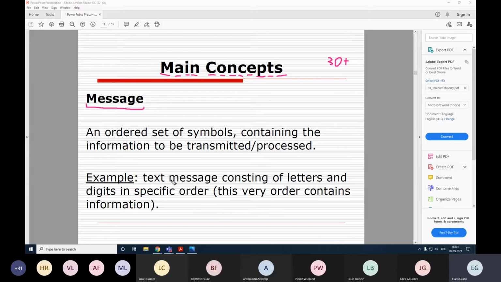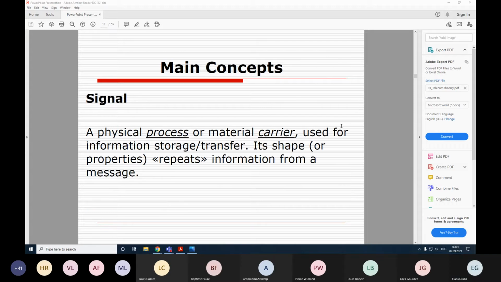An example is a text consisting of letters. So this is an example of the message. Now when we need to put that message somewhere, we need a carrier for this message. The carrier is usually a signal, for our communication systems.